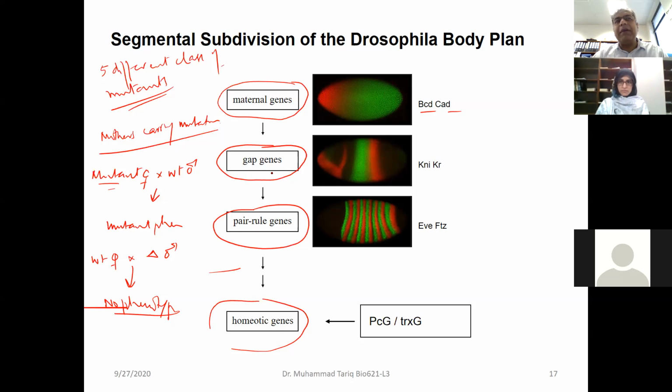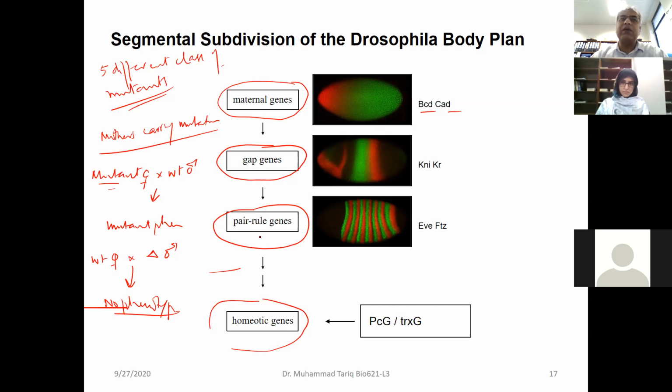Then they named gap genes. We will talk about all of them in 2-3 lectures later. Gap gene mutants were such that, if this class of genes were mutated, there were big gaps in the mutant embryo. So the segmentation patterns have some big gaps created or produced in the subsequent development of the fruit fly.